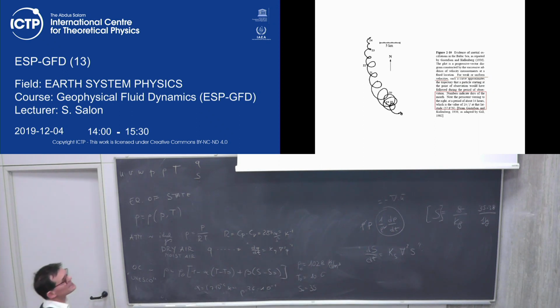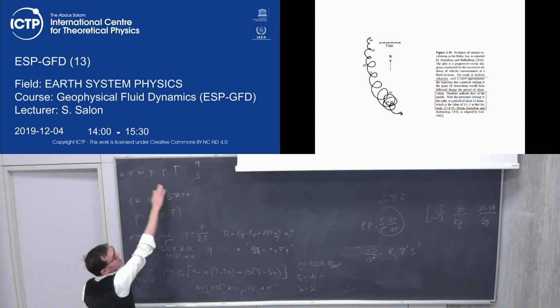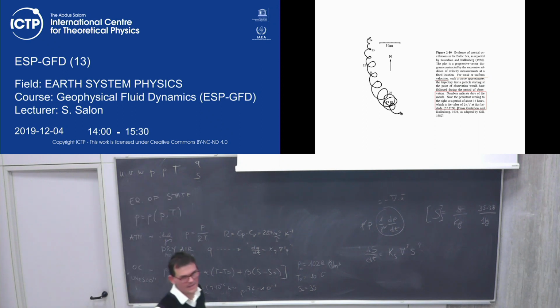So we started to define the equations. We want to find how to describe the GFD equations. We started from the Navier-Stokes equation for fluid dynamics. Then we said that Navier-Stokes must be changed in geophysical fluid dynamics because we have rotation.